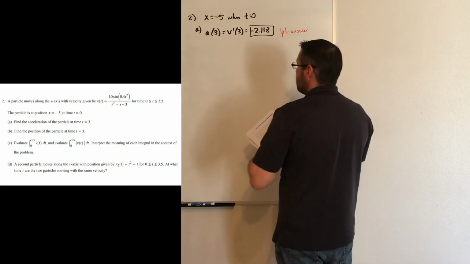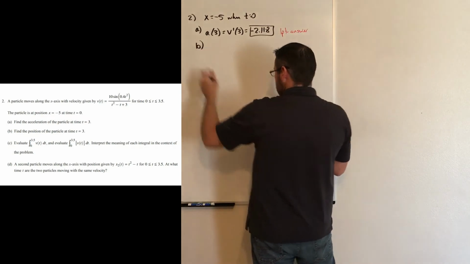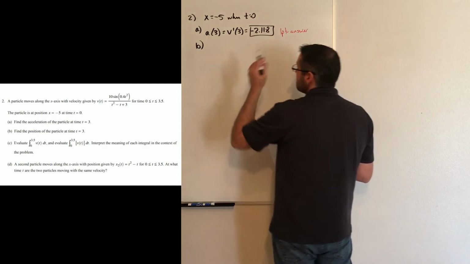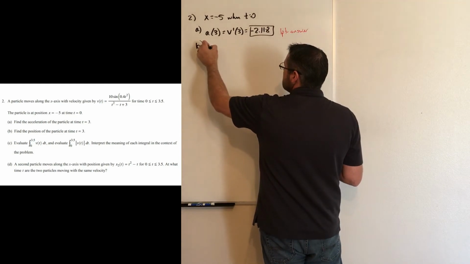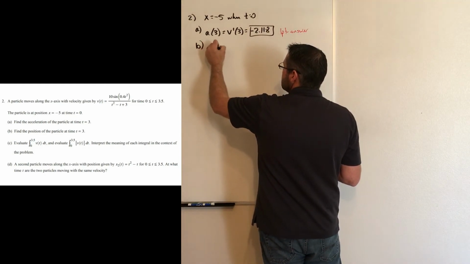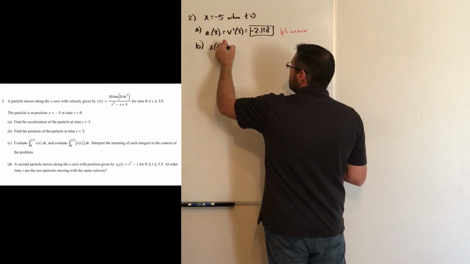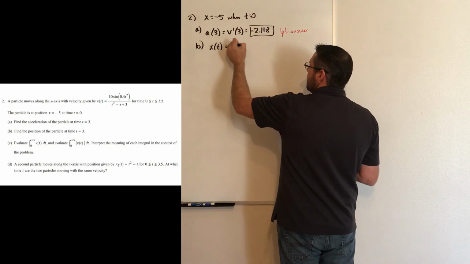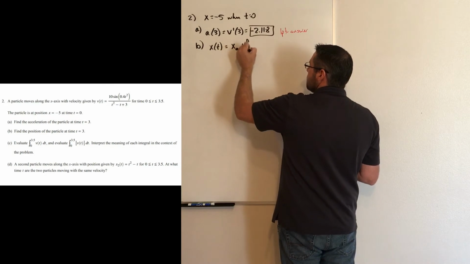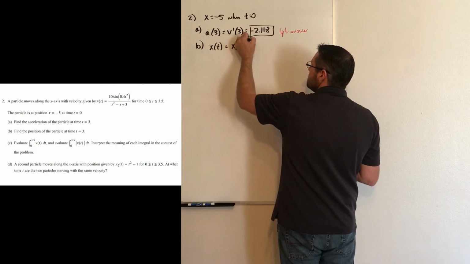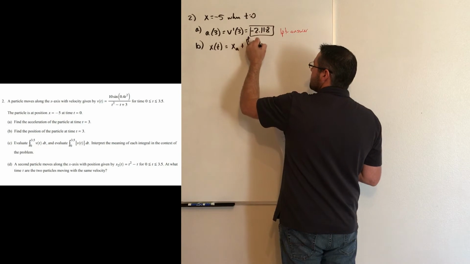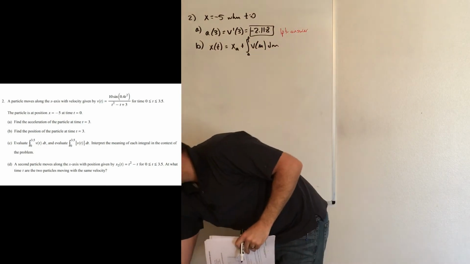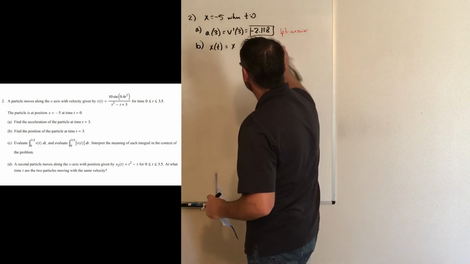So that's part A. For part B it says find the position of the particle at time t equals 3. So remember, the position of a particle is equal to the initial position, so we'll say x of a, plus the integral from time a to time t of my velocity function. Okay, so that's pretty gross there, but let me go ahead and write it this way, just so we can see it.